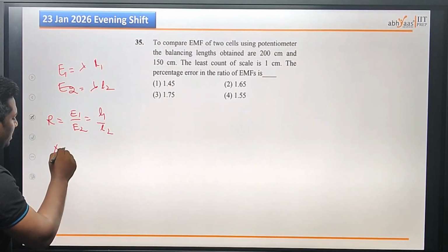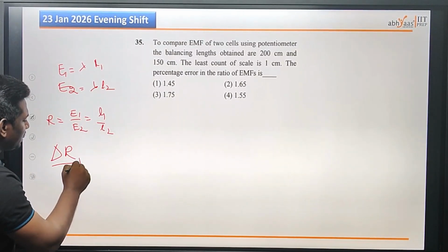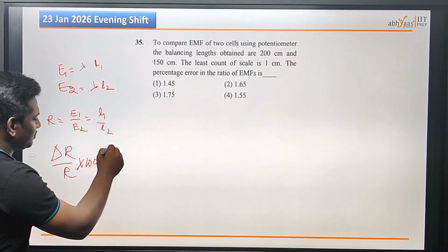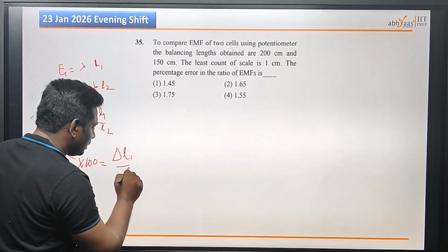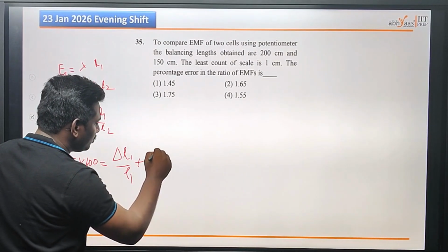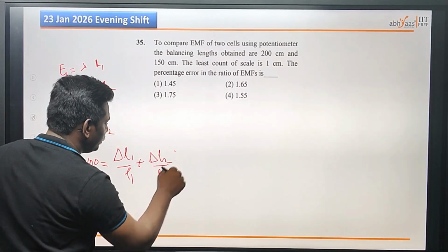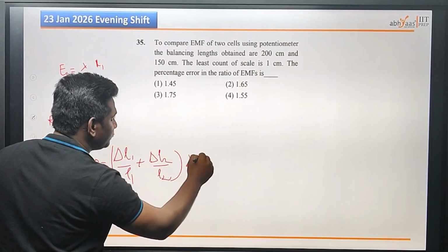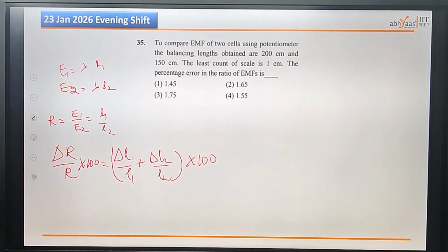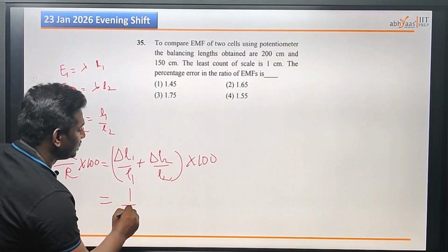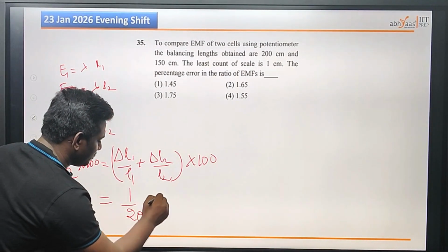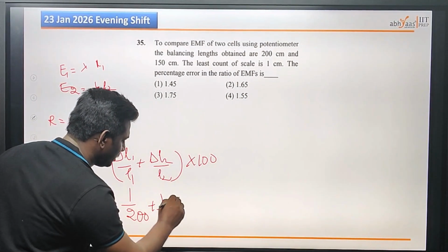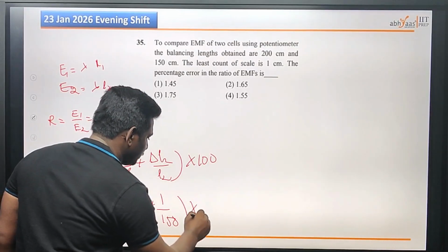So the percentage error, delta R by R into 100, is nothing but delta L1 by L1 plus delta L2 by L2, into 100. See here, 1 by 200 plus 1 by 150, into 100.